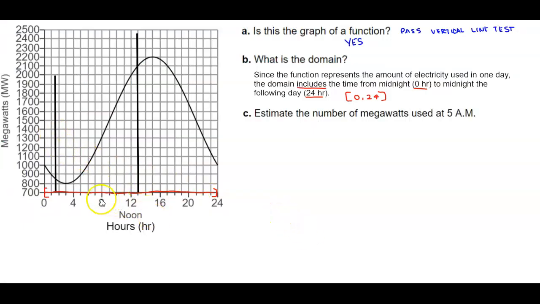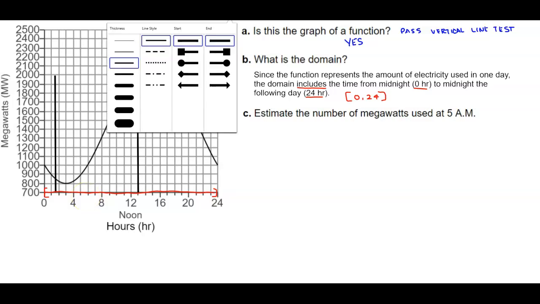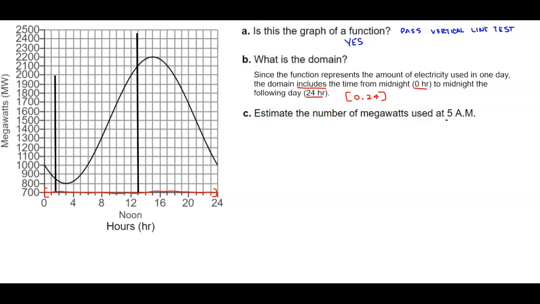So what it's saying here is that you have 5 a.m. Now remember, the hours represent x. So that means that 5 a.m. represents the input. So 5 a.m. is the input, which is the hours, and then we want to find out what is the output, which is megawatts. We're estimating.